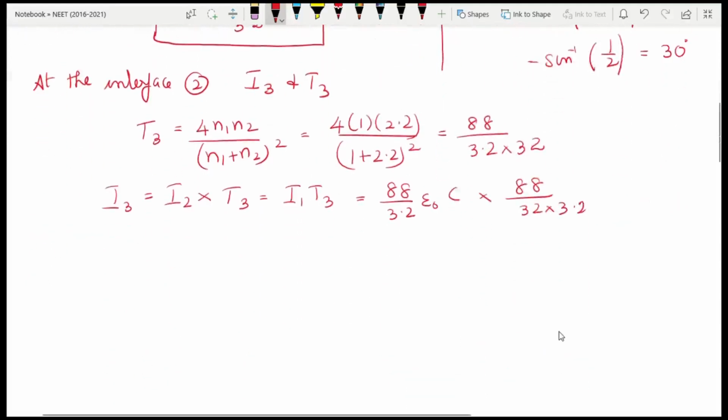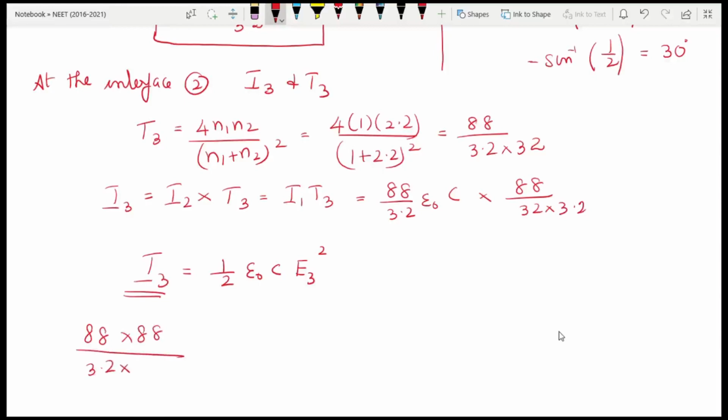In the question, they have asked us to calculate the amplitude of the electric field at interface 2. We know the I3 formula is 1 by 2 epsilon naught C into E3 the whole square. We know the value of I3, so substituting, 88 into 88 divided by 3.2 into 3.2 into 32 into epsilon naught C is equal to 1 by 2 epsilon naught C E3 square.